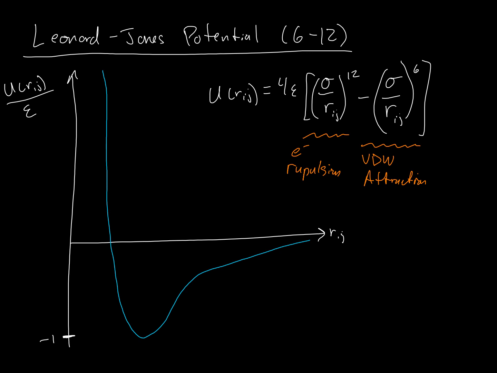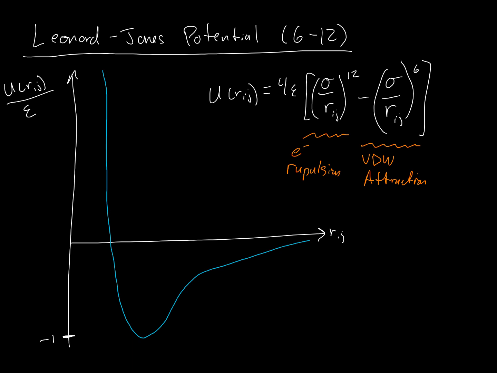And the general assumption in the simulation community is that that's good enough. For most of the time, the particles aren't going to get so close together that you have to worry too much about whether they're repelling each other too quickly. But if you're dealing with an exceptionally dense fluid, you might have to tweak those parameters a little bit.